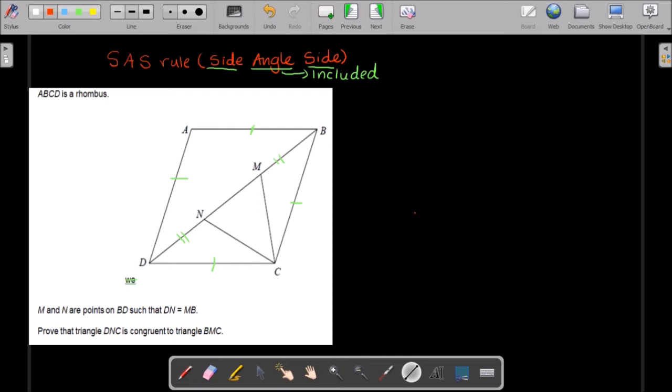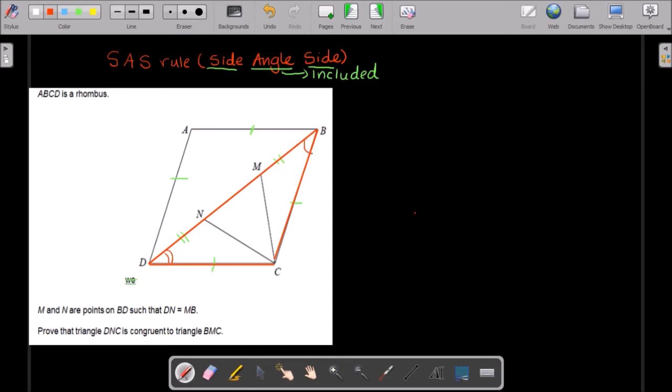But if, however, I highlight this red triangle here, this is an isosceles triangle, since DC is equal to BC.